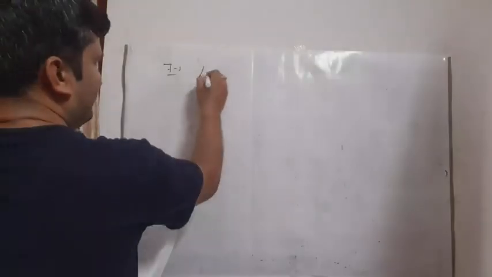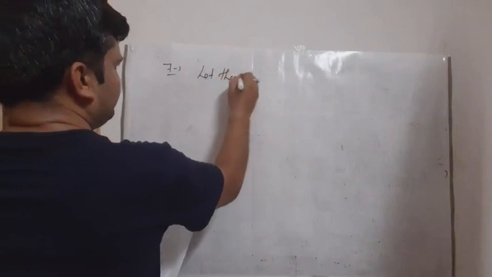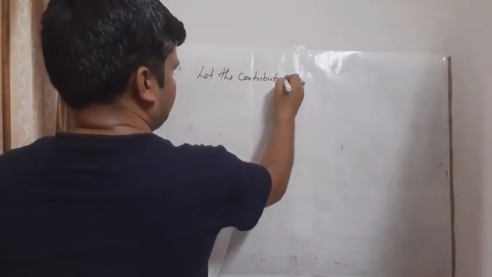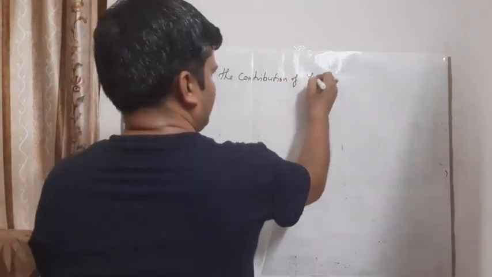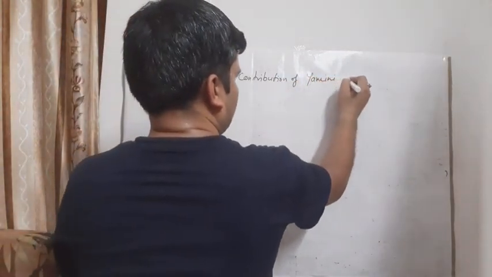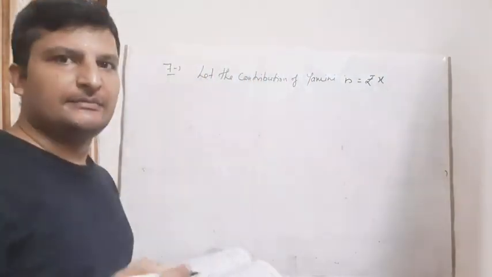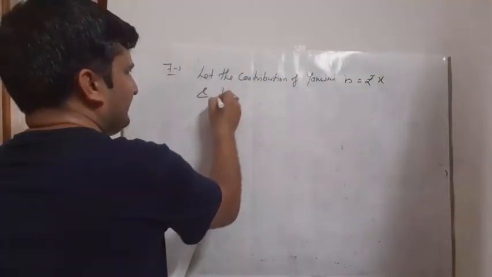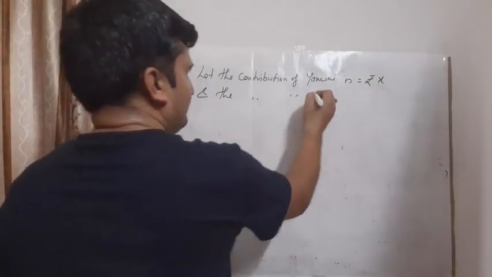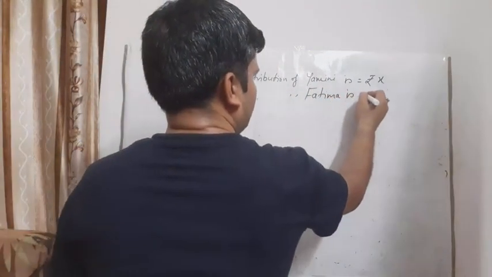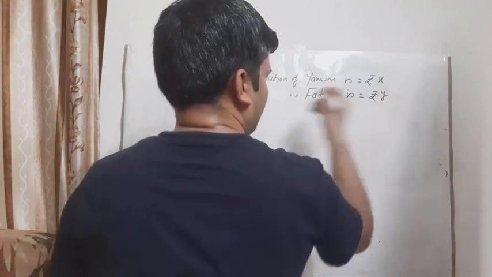So we can take, let the contribution of Yamini be rupees x, and similarly the contribution of Fatima be rupees y.